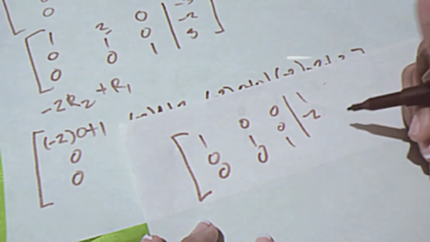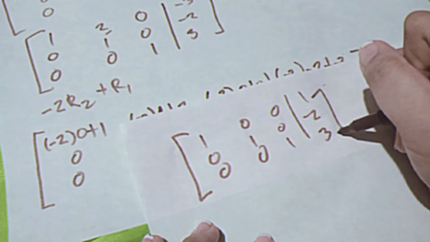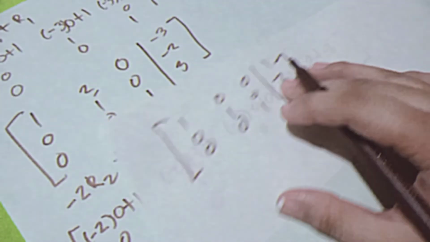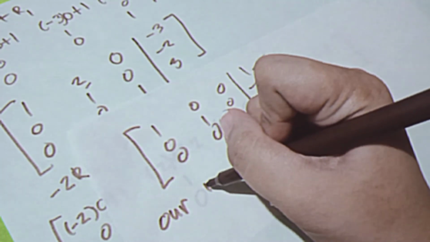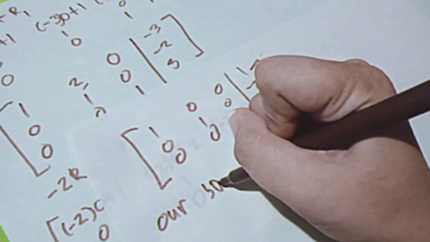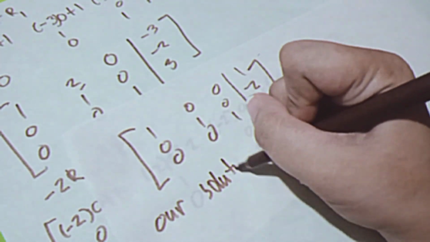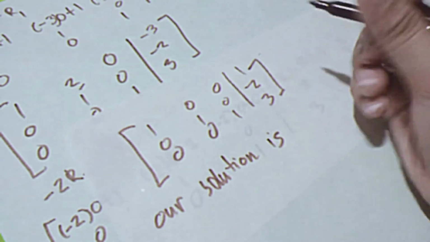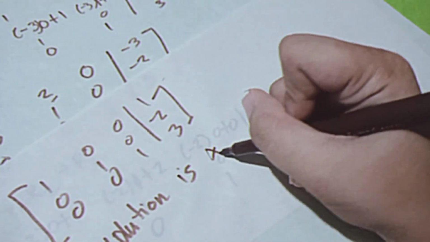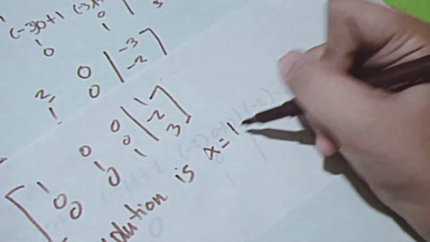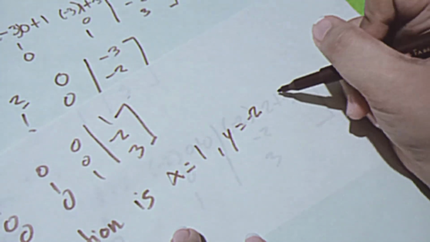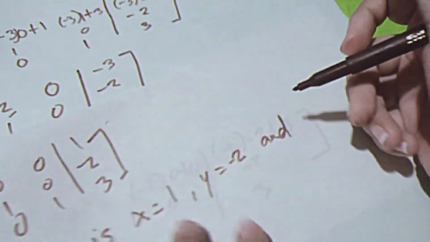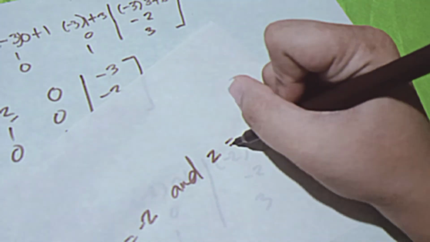Then, 3. So, our solution is x is 1, then y is negative 2, and z is 3.